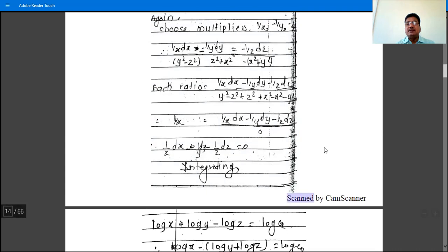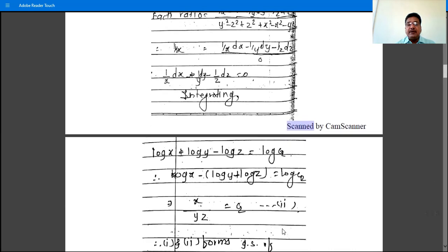This denominator is equal to 0, and therefore we have 1 by x dx plus minus 1 by y dy minus 1 by z dz is equal to 0, and then integrating, we have log x, since 1 by x integration is log x, minus 1 by y integration is minus log y, and minus 1 by z integration is minus log z, and suppose log c2 is the constant of integration.